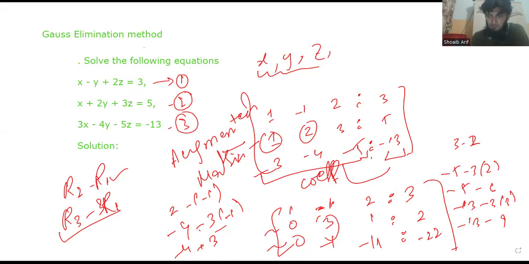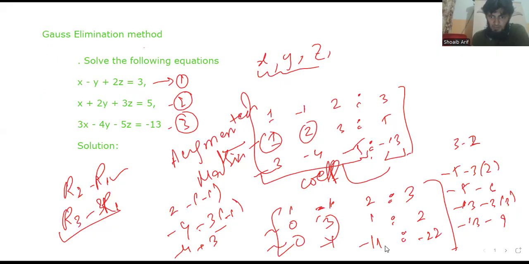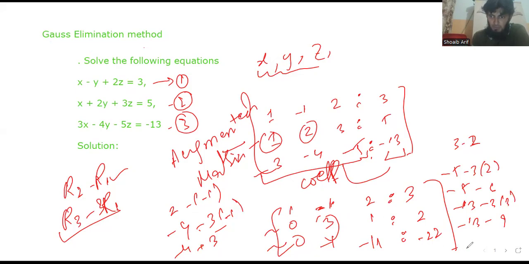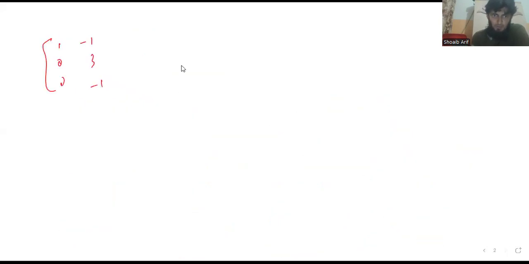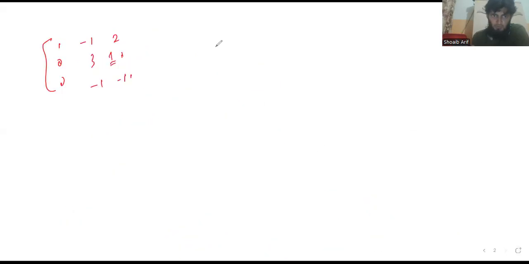So first of all, write this matrix: 1, 0, 0; 1, 0, 0; minus 1, 3, minus 1; and 2, 1, minus 11; then 3, 2, minus 22. 2, minus 22 in this place.